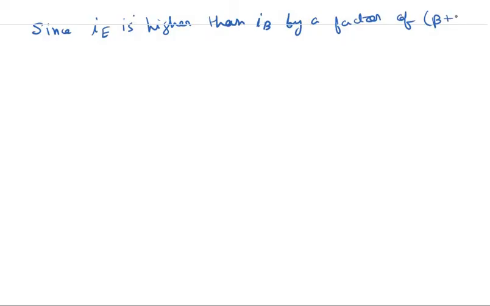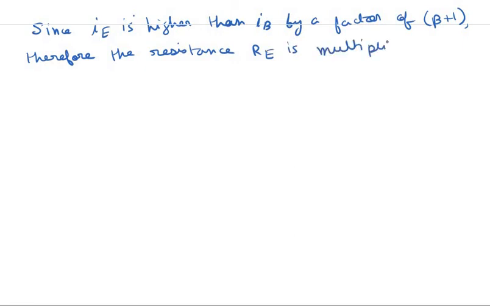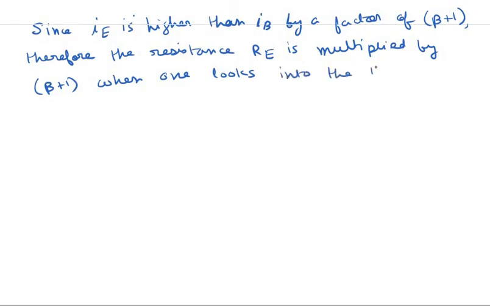Okay, so let me write it here. Since the emitter current, since IE is higher than IB by a factor of beta plus 1, therefore the resistance RE is multiplied by beta plus 1 when one looks into the base terminal.